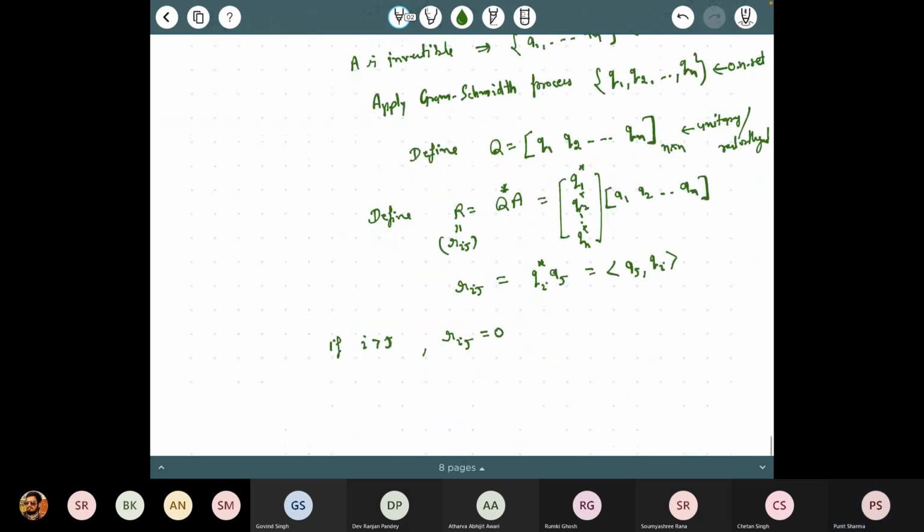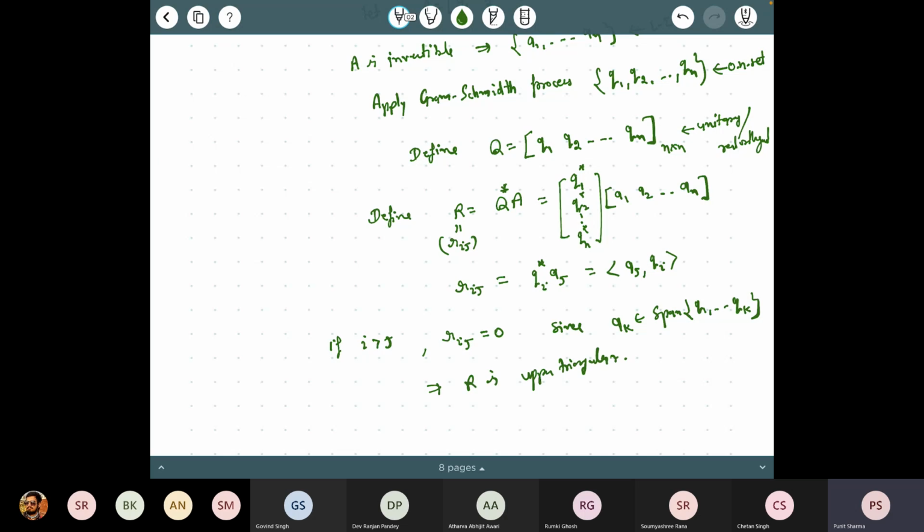Why? Because this Ak belongs to the span of Q1 to Qk, and these Q1 to Qk are orthonormal. So this implies that Rij is 0 when i is greater than j, which implies that R is upper triangular.